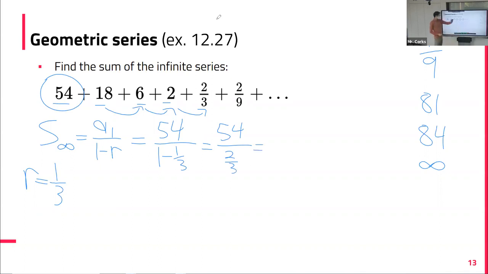If you want to remember fraction rules, invert and multiply. 54 times 3 over 2. 54 divided by 2 is 27, times 3 is 81.